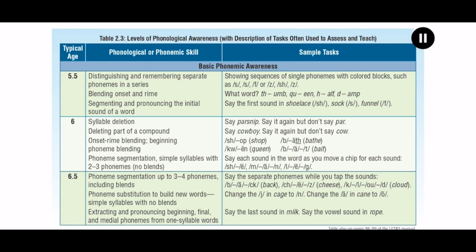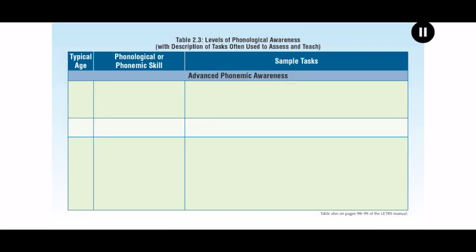For example, a child could isolate the final consonant sound in the word rope, p, or the vowel sound in the middle, o. Children who are progressing normally will continue to develop phonemic awareness skills from 2nd through 4th grades, learning to manipulate phonemes in ever more sophisticated ways.